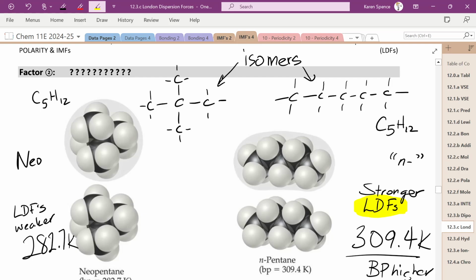A little bit. You're almost on the right track. It does have to do with the shape. I want you to look, I've drawn two molecules, clip arted one beside each other.